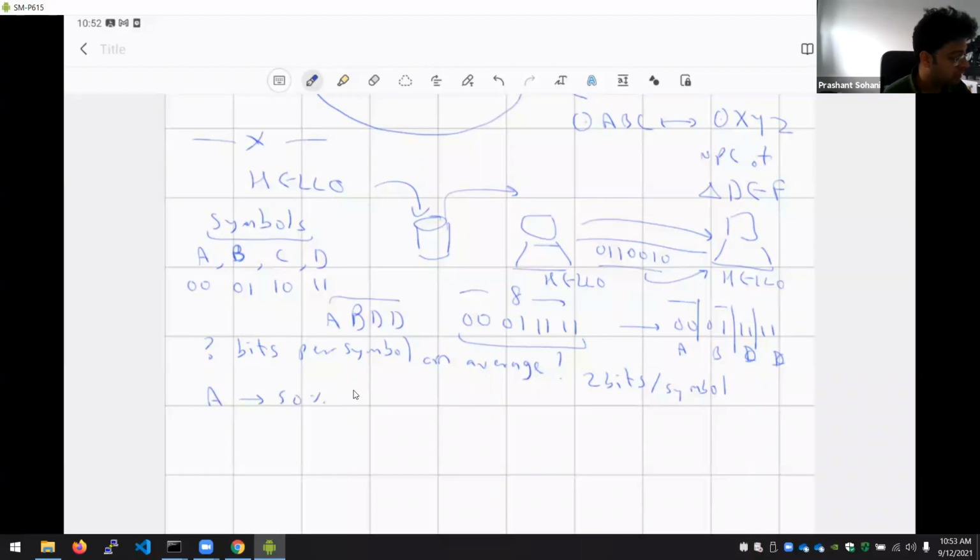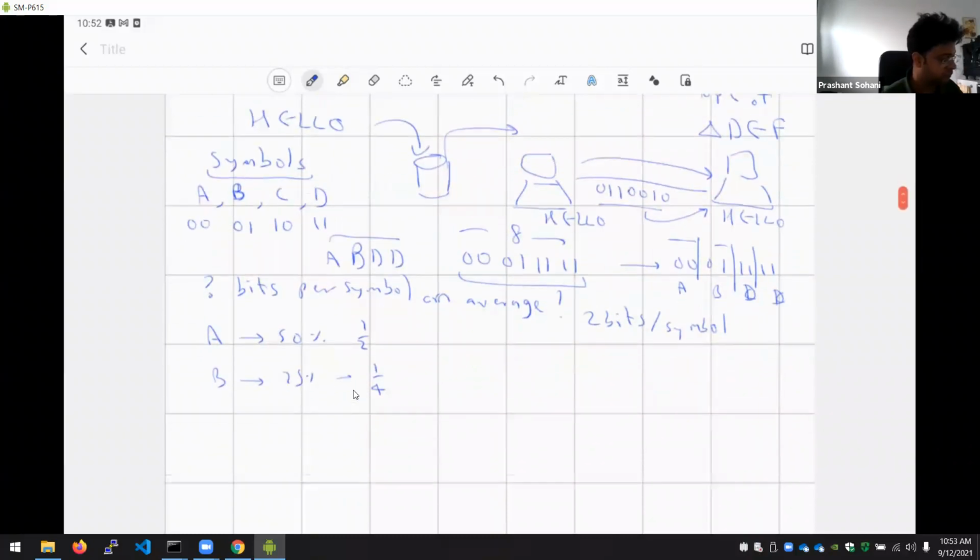Then B has maybe 25% chance of appearing, so 1/4 of the times B will appear, and C and D both have 12.5% chance, so 1/8 and 1/8. So the total is 1. Having this information that A occurs more frequently, B and C less frequently, D even less frequently.